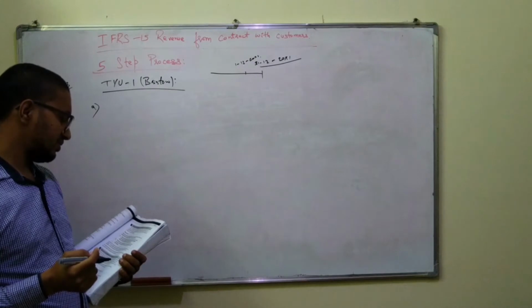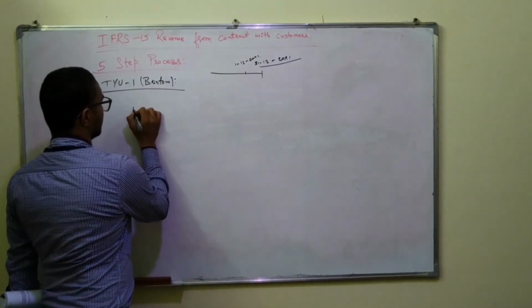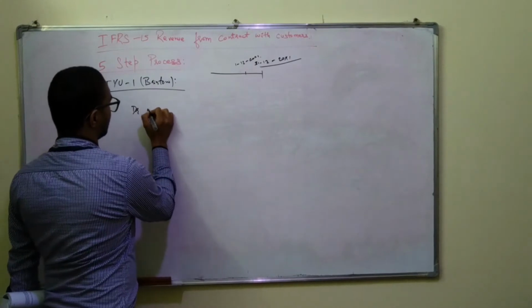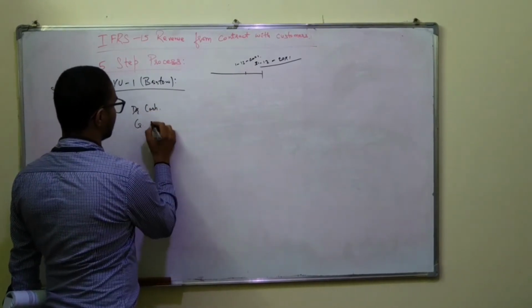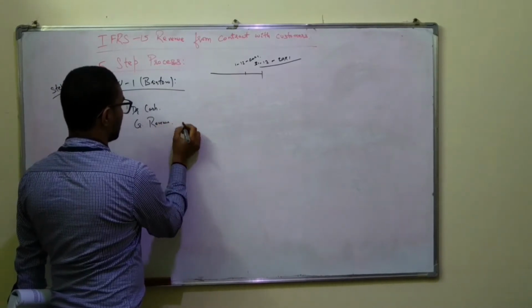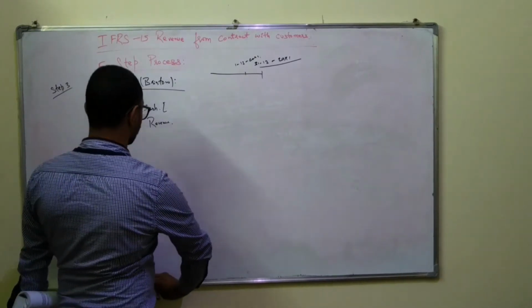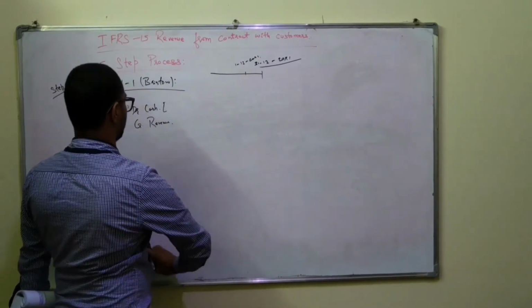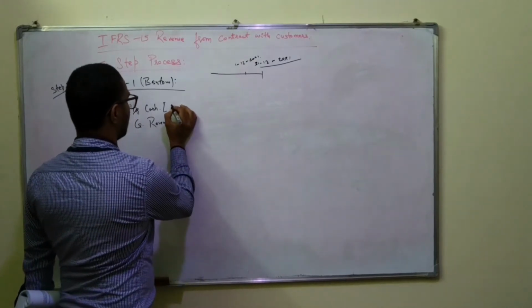The consideration is 12 million. Debit cash, credit revenue.